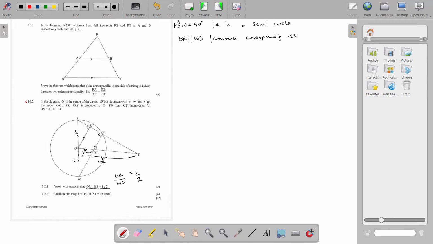Therefore, we can now conclude that the ratio, those two are equal, and using parallel lines, we can conclude that this angle at the center there, that is POR, is equal to the angle PWS.